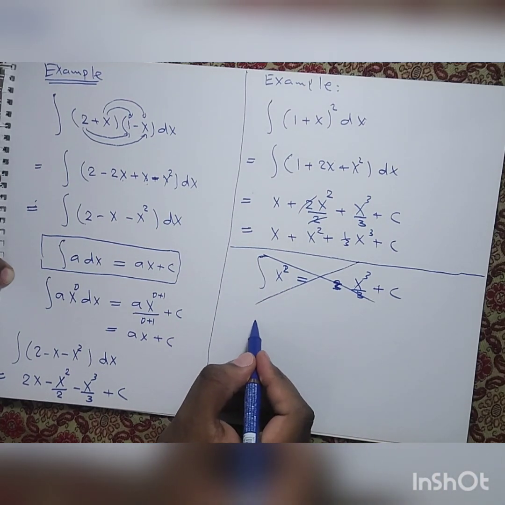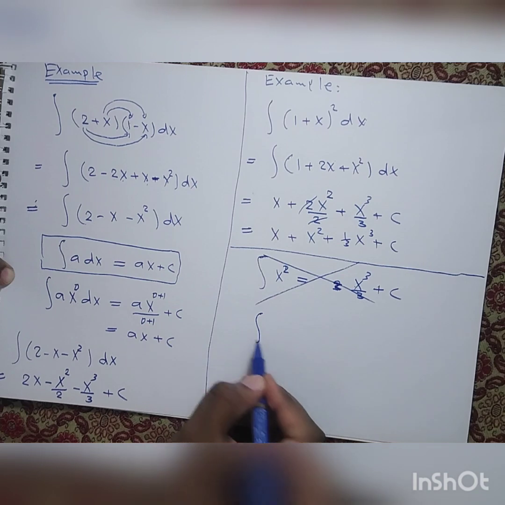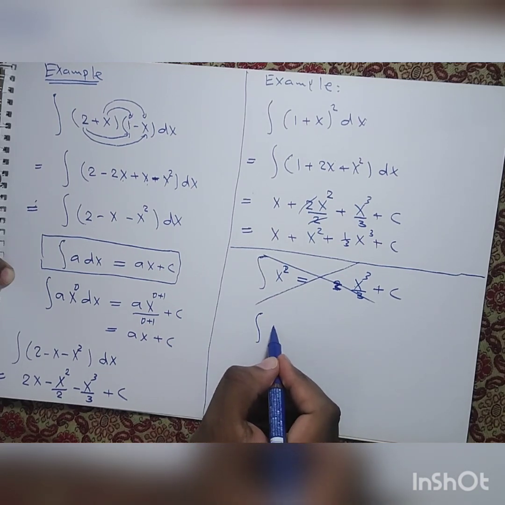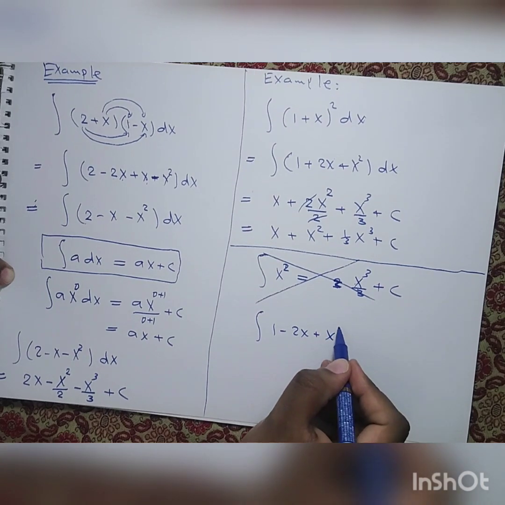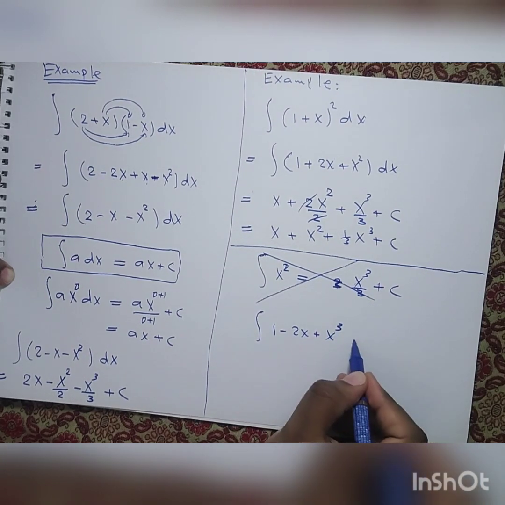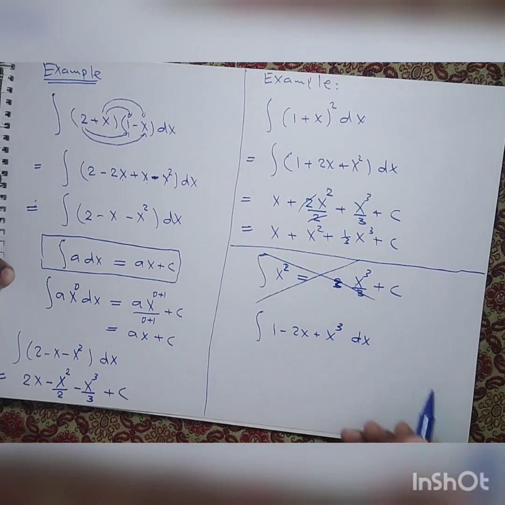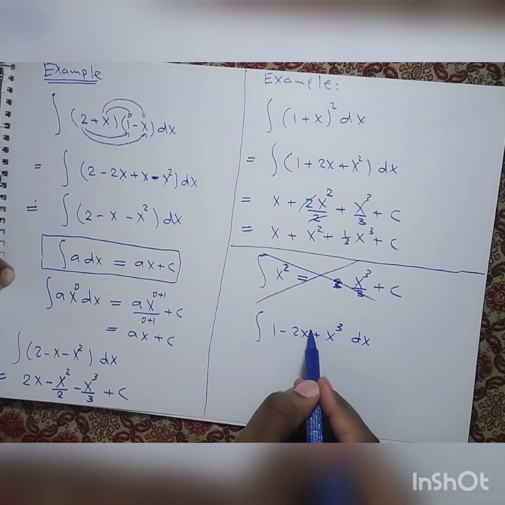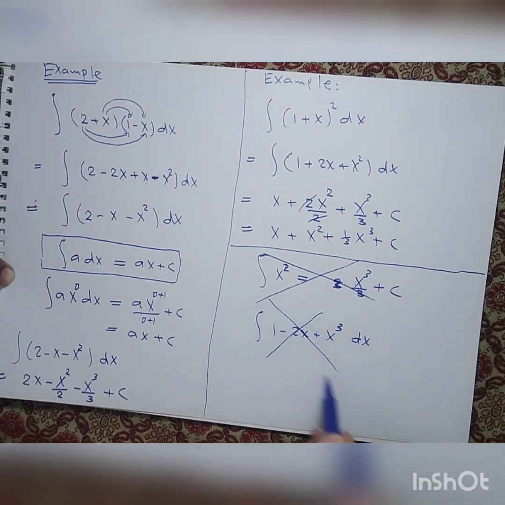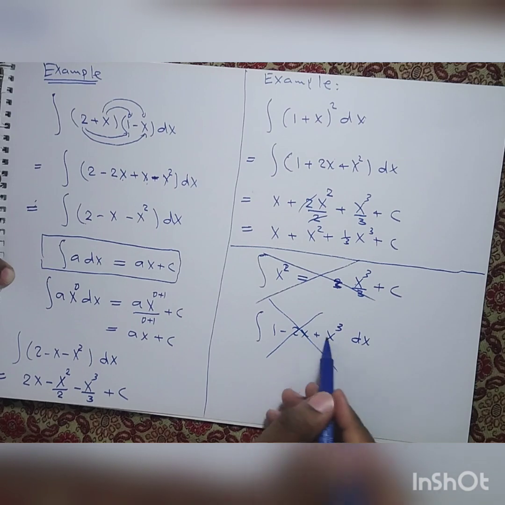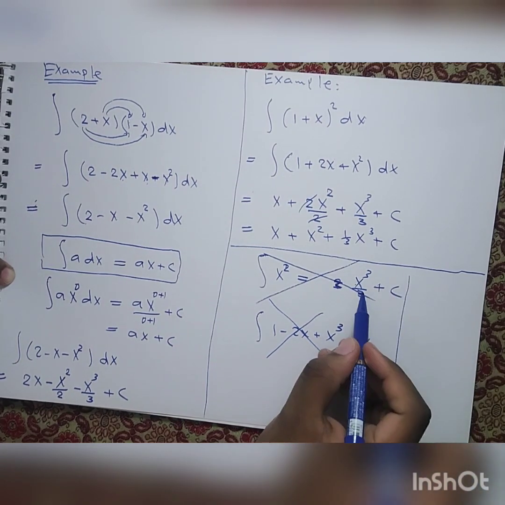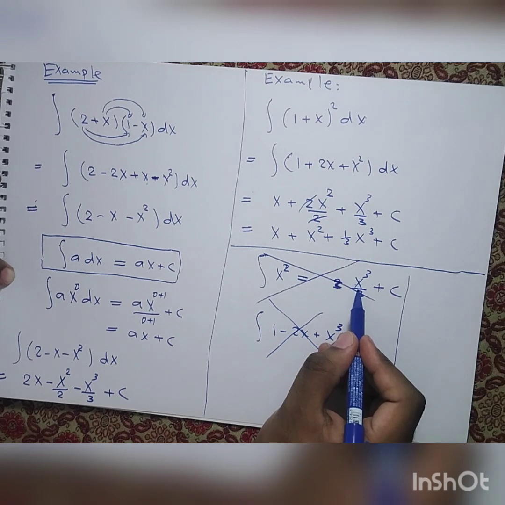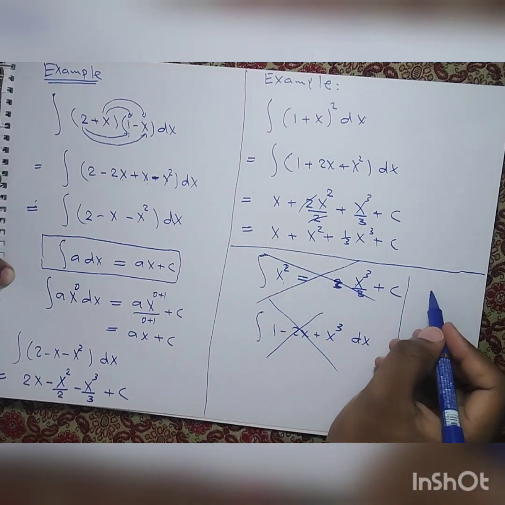And then they also do this. They write integral of 1 minus 2x plus x cubed dx. That is also not a good way of writing this integral, because we need parentheses. The result is correct, but the integral is not written correctly.